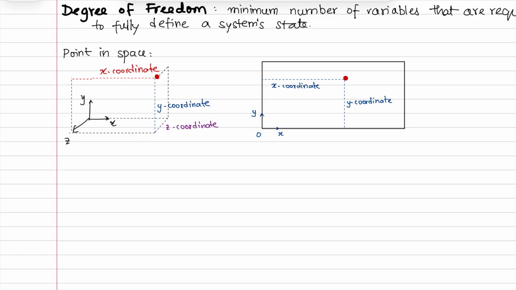And with that, you're able to tell someone exactly where it is on this planar surface, perhaps a whiteboard or a blackboard. So this here is a point on a plane.